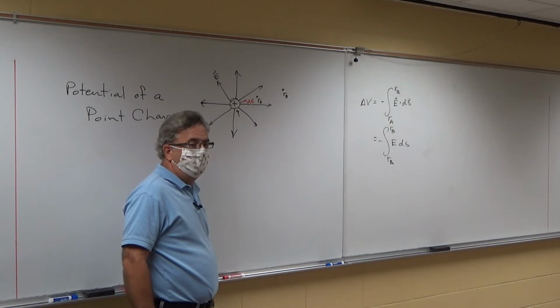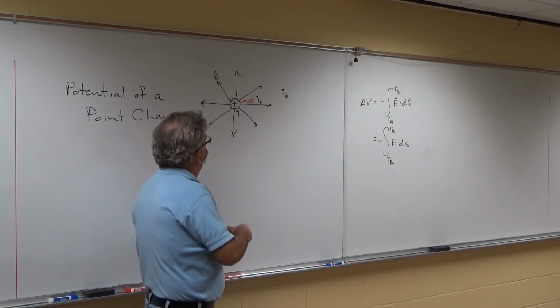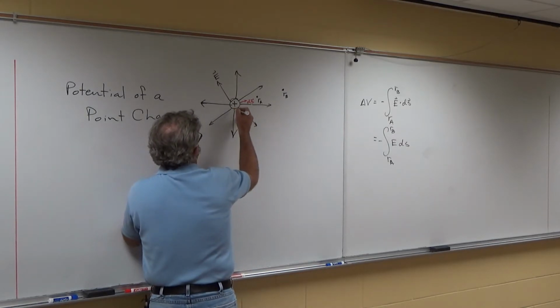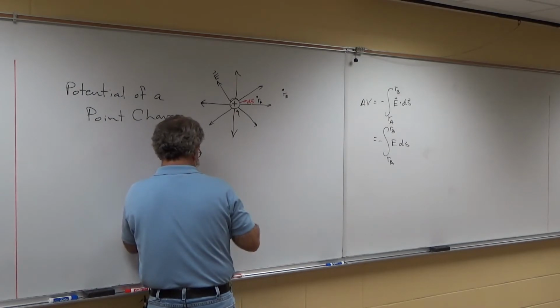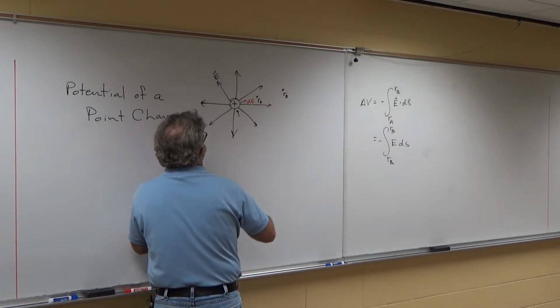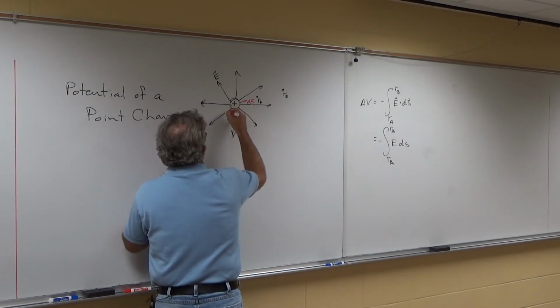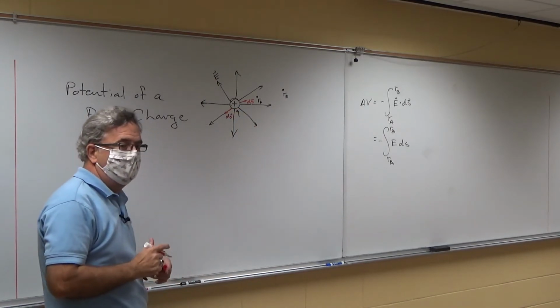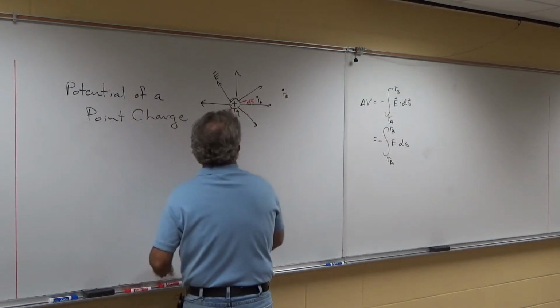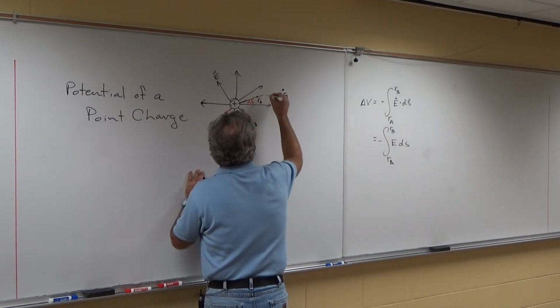I'm trying to wrap my head around ds and E having an angle between them of 0. Well, let's say that I choose this direction, ds. You're okay with that? There is an electric field vector here.